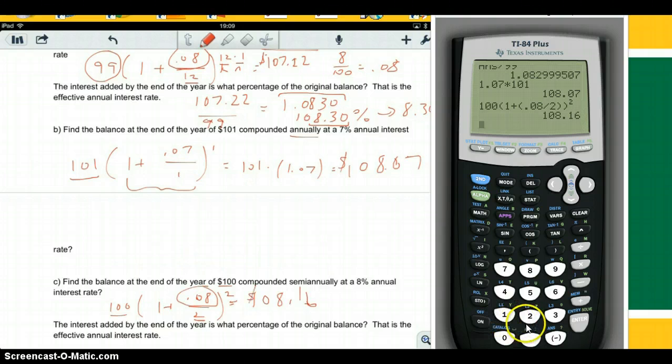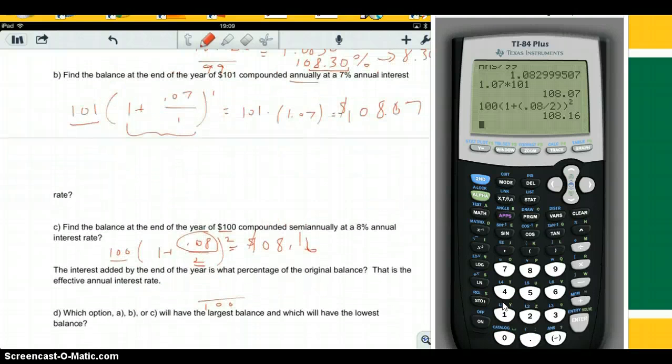Okay, and so now it says the interest added by the end of the year is what percentage of the original balance, that is the effective annual interest rate. So over the 100 is the original amount, and so on top we could do it different than last time. We'll say, okay, if it started with 100 and you get 108.16, the amount of interest you added was 8.16. So we'll put 8.16 on top, and this will give us the interest rate.